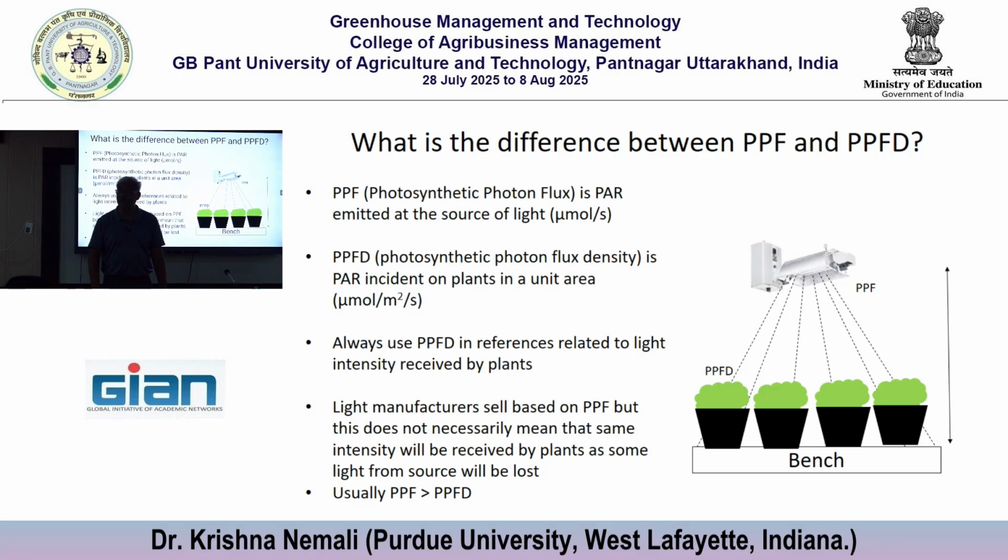You want to maximize the colors that enhance photosynthesis, the blues and the reds. And you also want the light that has the highest photon efficiency, meaning your electricity costs are going to be less. Keep these things in mind when looking for lights, because the investment in lights can be big in a greenhouse.